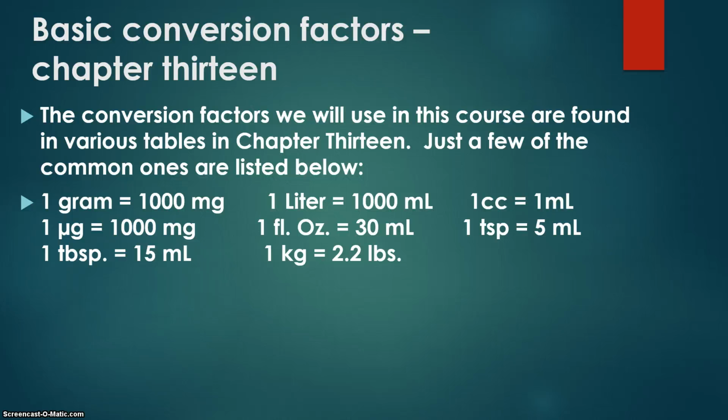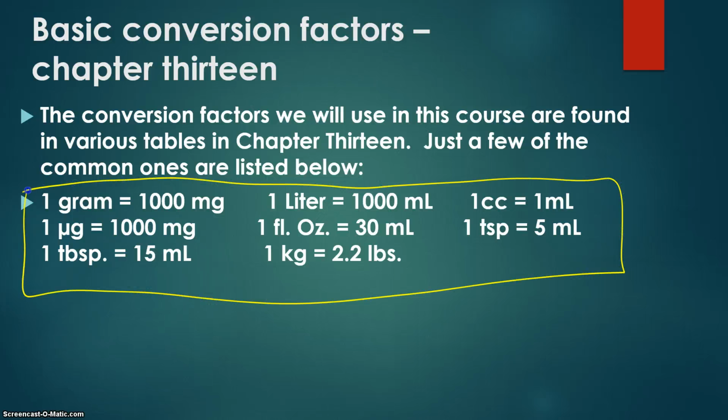So these are basic conversion factors that you should memorize. These are key in the pharmacy. The conversion factors we will use in this course are found in various tables in Chapter 13. Just a few of the common ones are listed here.